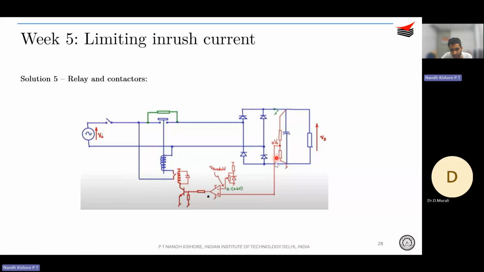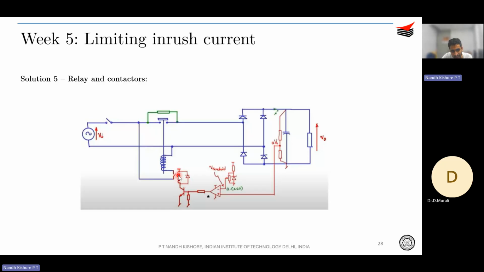If the output voltage has reached near the rated value, then your plus terminal will be more positive than your negative terminal, V plus more than V minus. So this is a comparator circuit. Since V plus is more than V minus, the comparator would go high. If your comparator goes high, the BJT turns on. If your BJT turns on, this inductor or coil is going to get energized.